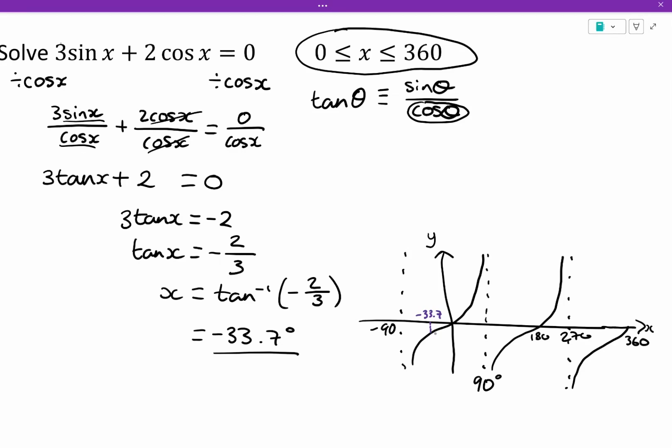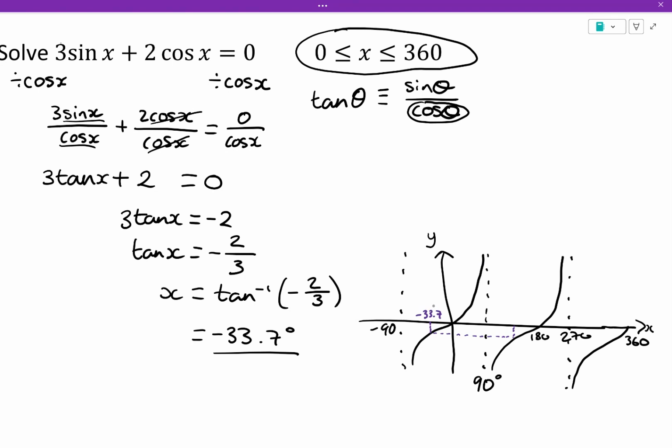So you're going to go across horizontally at that height until you hit the curve again, which would be here. Then I'm going to go up to my axis, and I need to know that angle there. It's actually quite straightforward for tan, because in one repetition of your tan curve, each y coordinate only appears once.